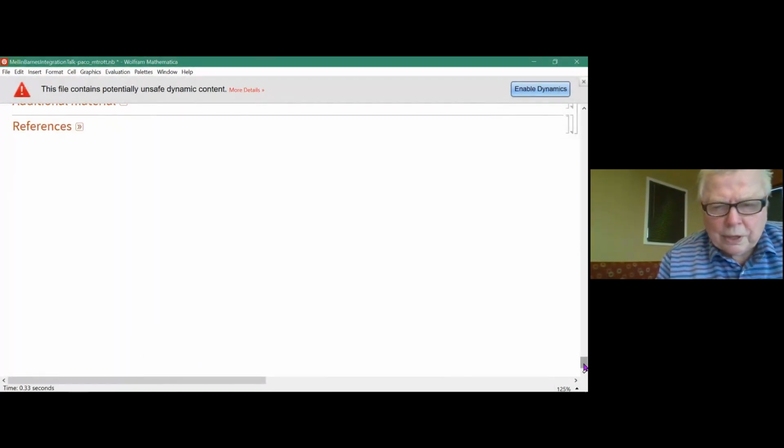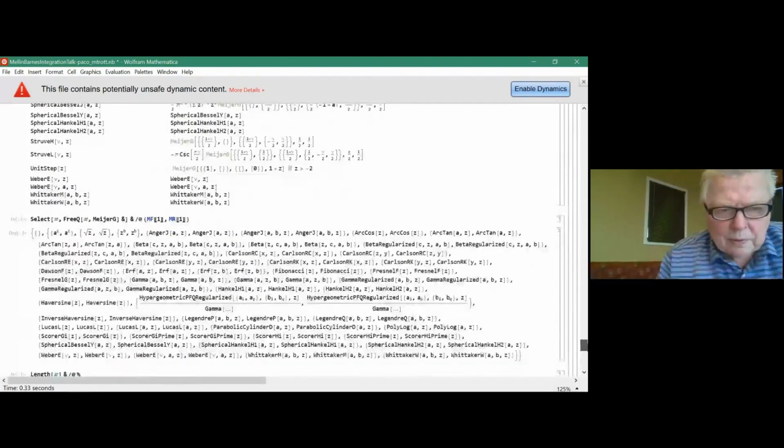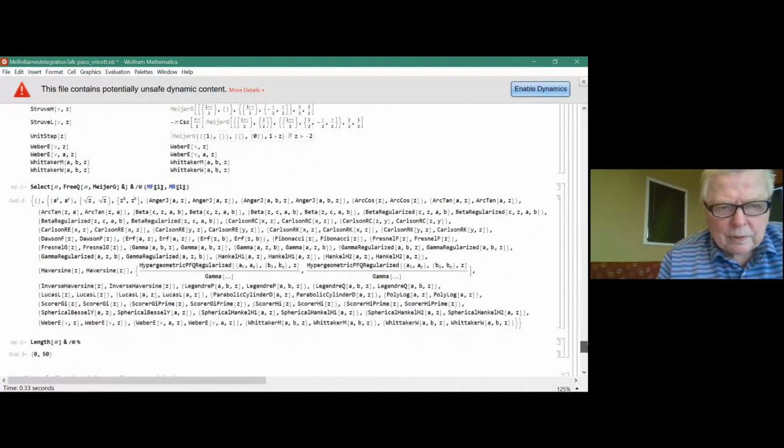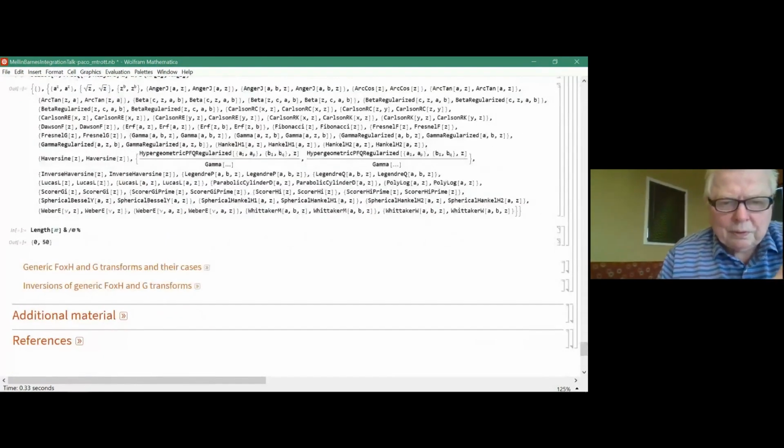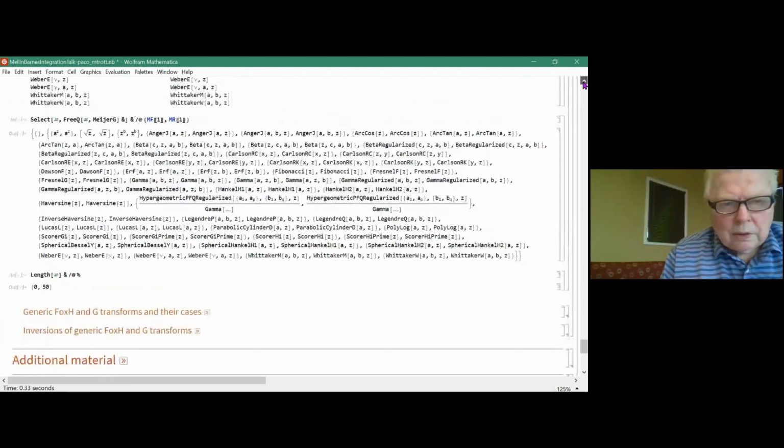If we evaluate this set, we can apply similar conversion using kernel build MeijerG reduce. As a result, we don't have so many.